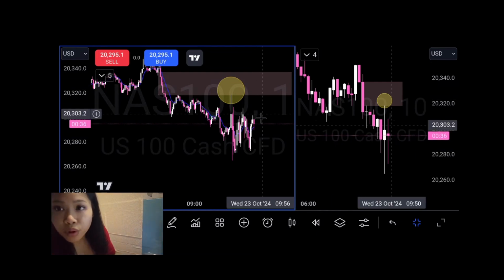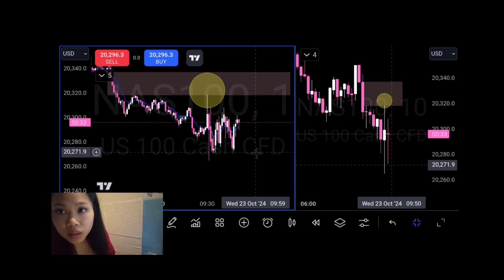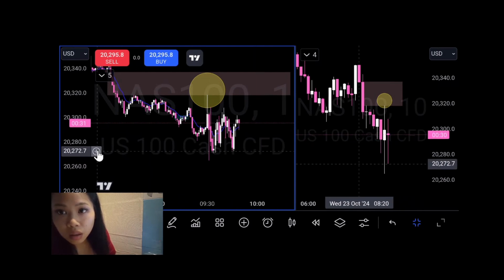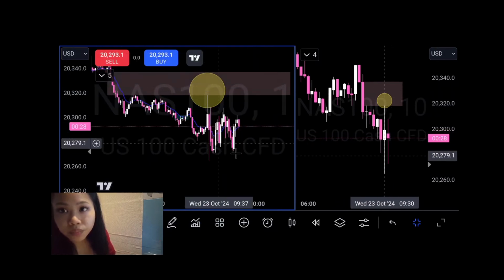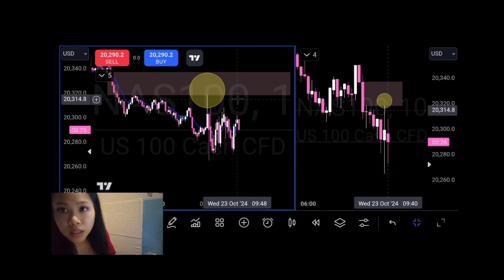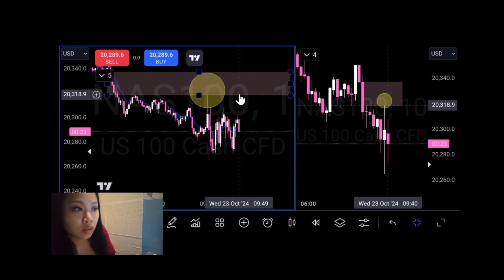I think that if price comes to this area here, I would want to buy, and I would want to put my stop loss right at that high right there.